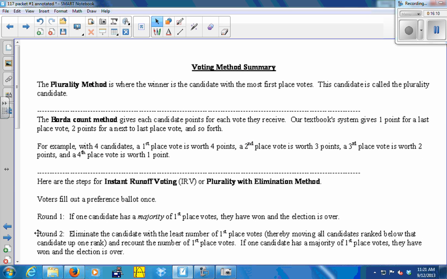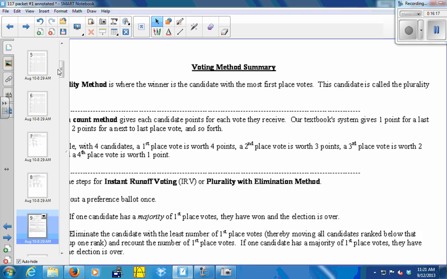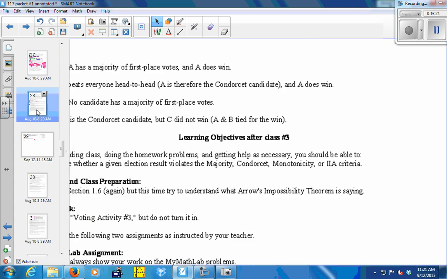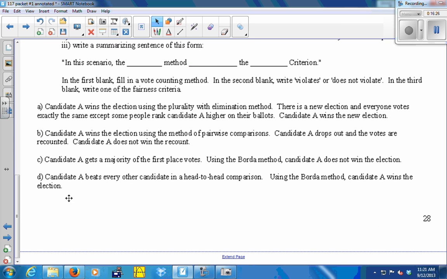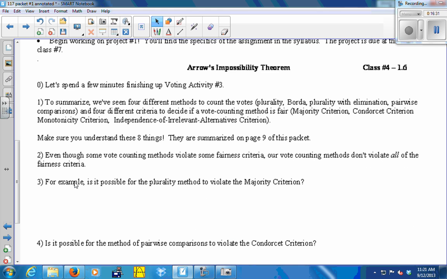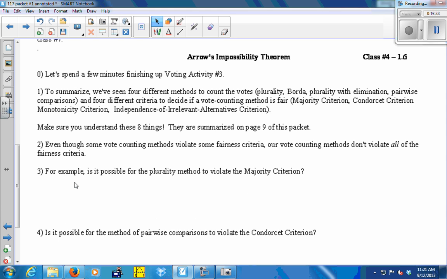It's on page 9 of the packet that you're looking at. So make sure that you are familiar with and understand those 8 things. It's a summary of what we've done so far.